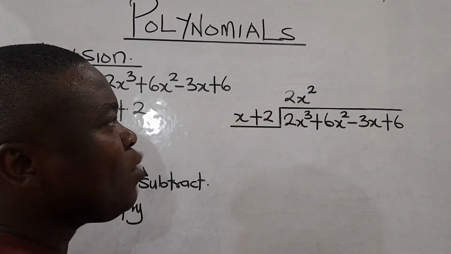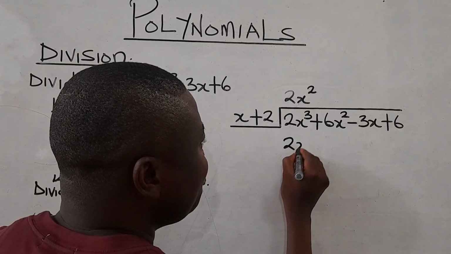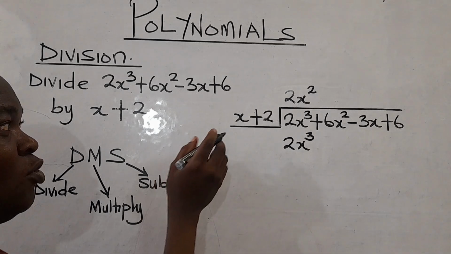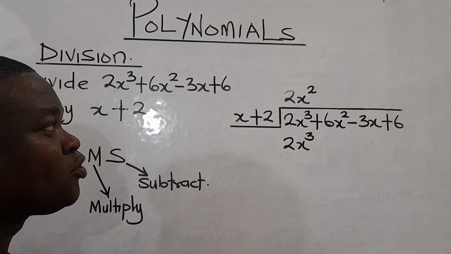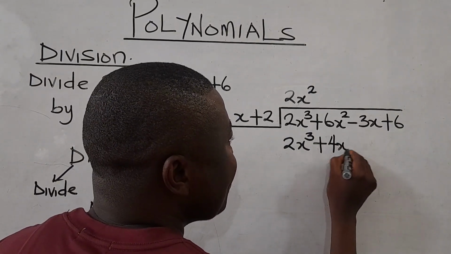Everything here, we multiply it. X times 2x squared is 2x cubed, which gives us what we divided. Then you say 2 multiplied by 2x squared gives us 4x squared.